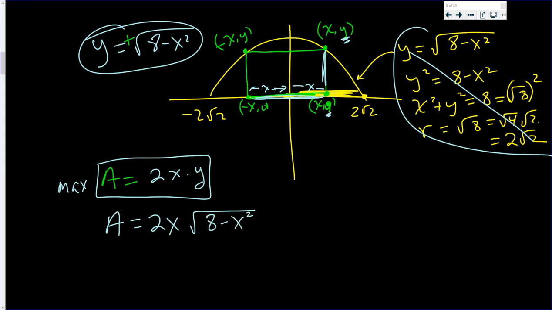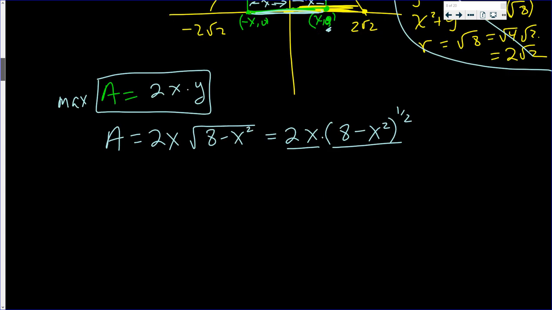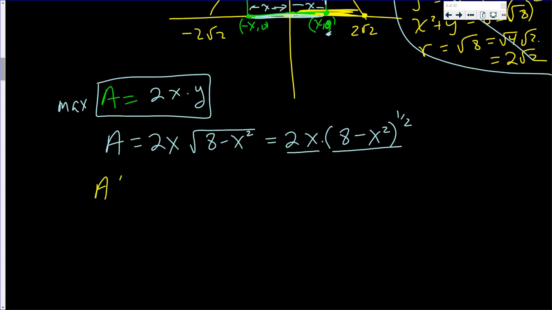Now, we want to take the derivative of this and set it equal to 0. It's probably best to think of that square root as a power of one half. And we have a product, this times that, so let us use the product rule. A prime is the derivative of the first, which is 2, times the second, the square root. Plus the first, which is 2x, times the derivative of this.